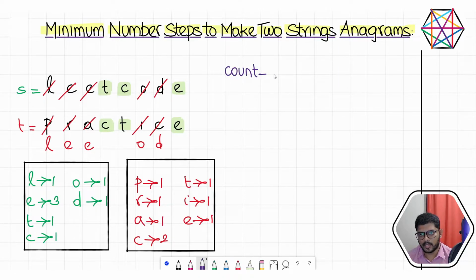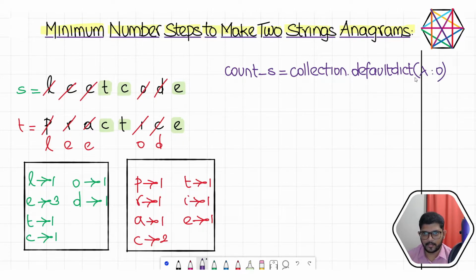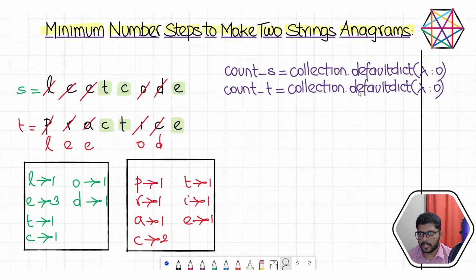count_s is the dictionary that I'm using in order to count the characters in the string s. Okay, so count_s is collections.defaultdict of lambda mapped to 0. Of course, we will have to actually type it as lambda. And count_t, I can just copy paste the same, collections.defaultdict where lambda is mapped to 0.